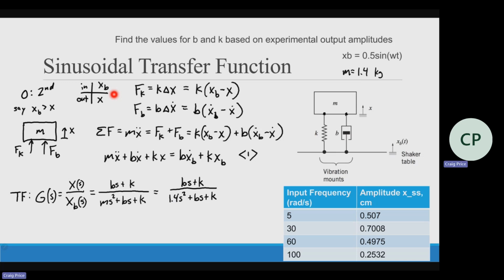Very good. Yeah. So we talked about the sinusoidal transfer function. That's going to change as omega changes. So if we let s equal omega i, we create the sinusoidal transfer function.